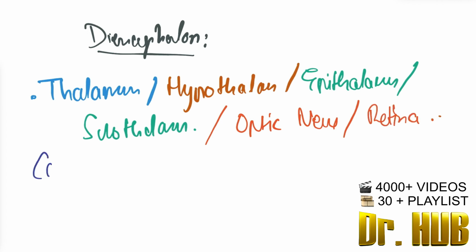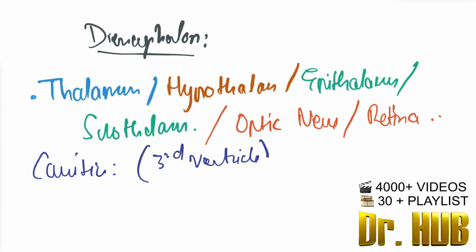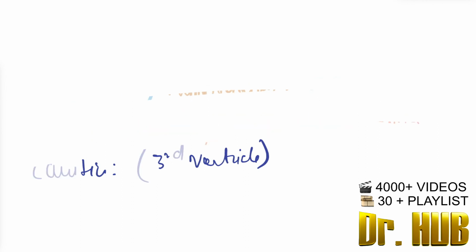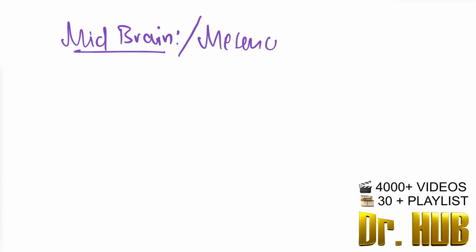Then there are some cavities. So what are the cavities? The cavity is nothing but the third ventricle. So next there is the midbrain. The midbrain is the mesencephalon.